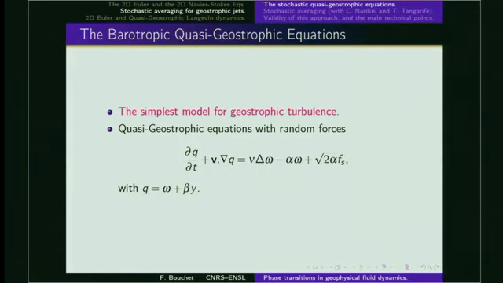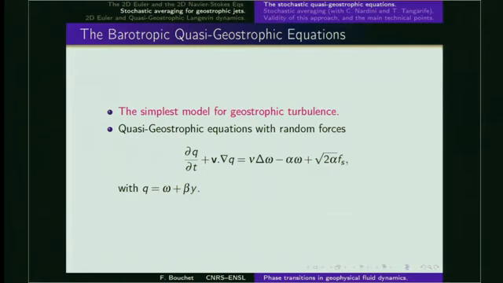It's exactly the same equation as before, except that the quantity that is advected is now Q, which is called the potential vorticity. And Q is omega, the vorticity, plus beta y. Beta y is a constant external field, where y is the coordinate between south and north. So this accounts for what is called the beta effect in geophysics.